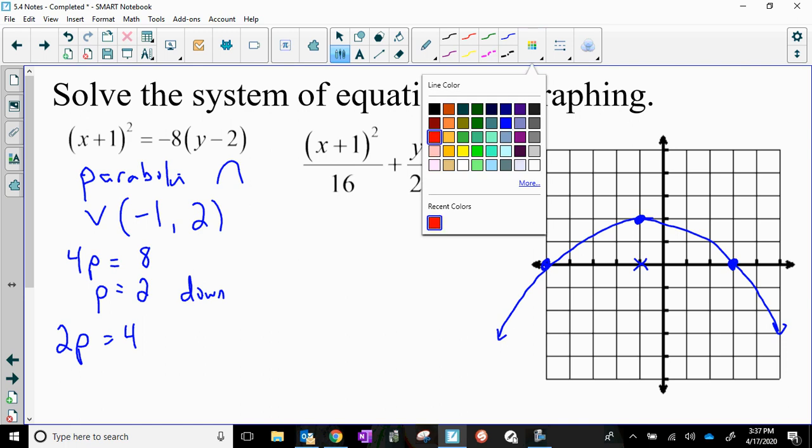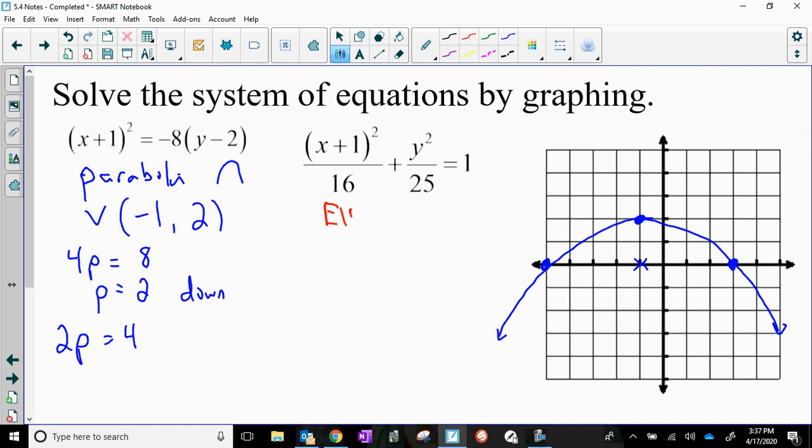The other equation on the right side is going to be an ellipse. Both variables are squared, they have the same sign in front of the x squared and y squared, and it's equal to +1. They have different coefficients. So the center of my ellipse is (-1, 0). A is 5. That's going to go up and down. B, to get my co-vertices, is 4. That's going to go left and right, because of where they're found, underneath the x or the y.